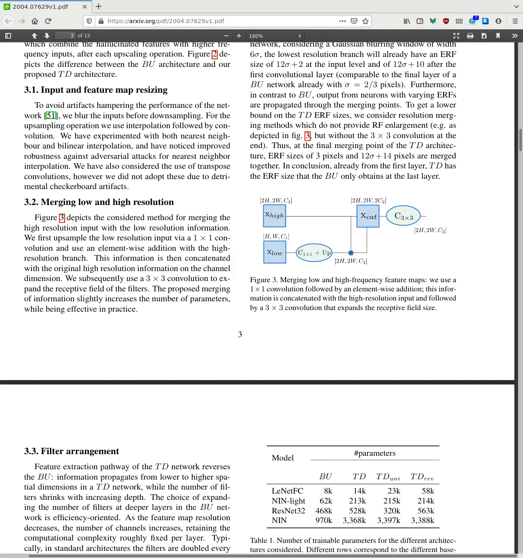Once they are there, they do element-wise addition with the high resolution version of the image, and this convolution and upscaled low resolution values. And on this element-wise addition, they do another kernel, sort of this one CNN step, and thus they continue.